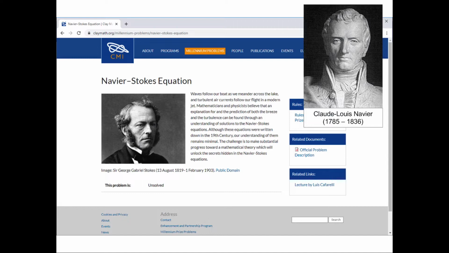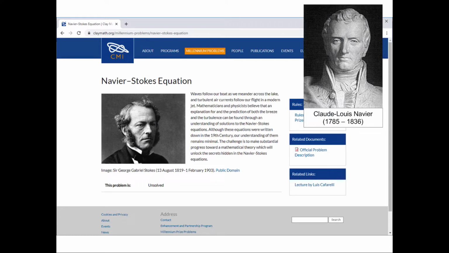Stokes was an Englishman. They both have been credited with development of this differential analysis and the assumptions needed in order to derive the Navier-Stokes equations.